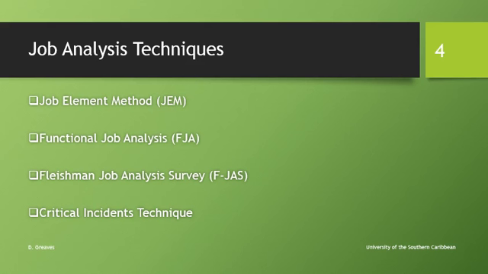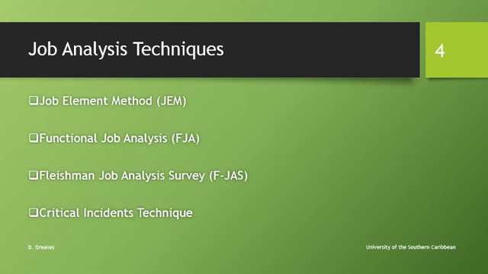The Fleishman Job Analysis Survey is to help identify worker specifications for a job dimensions or tasks. It is a work-oriented approach to be applied once job duties have been identified. Fleishman's survey consists of behaviorally anchored rating scales for 52 abilities.